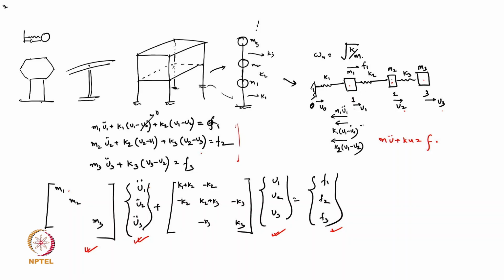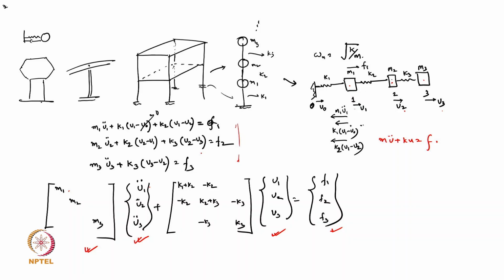Writing that many equations itself becomes a big challenge. A 50-story building means 50 degrees of freedom, so you have to write 50 equations of motion. The method gets complicated. So there should be some better way to write the equation of motion, by which you can do it almost in the blink of an eye. How can we do that?